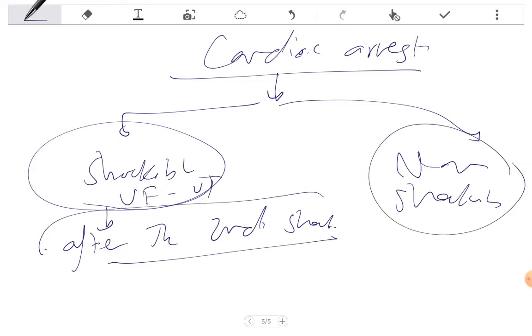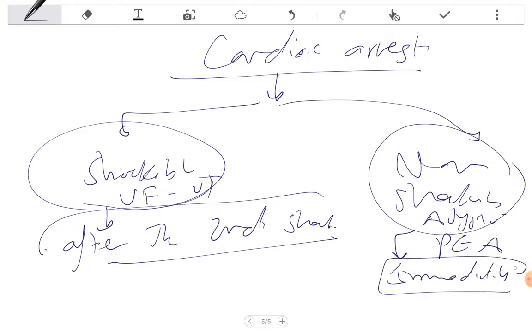And in non-shockable states like asystole or pulseless electrical activity, we use adrenaline immediately. We use adrenaline in cardiac arrest every 3 to 5 minutes, as you all know.